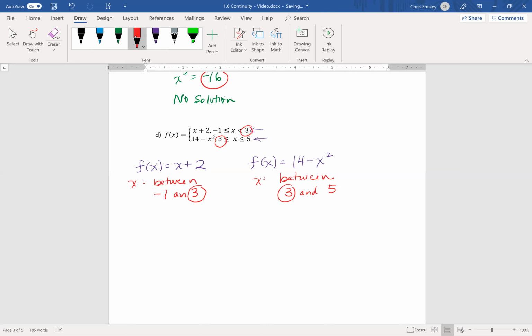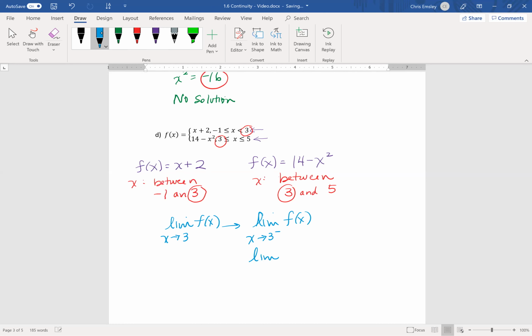So basically what we need to do is look at the limit of f of x as x approaches 3. And in this case, that means we need to look from each side. We need to look at the limit of f of x as x approaches 3 from the right. Try not to mix that up again.